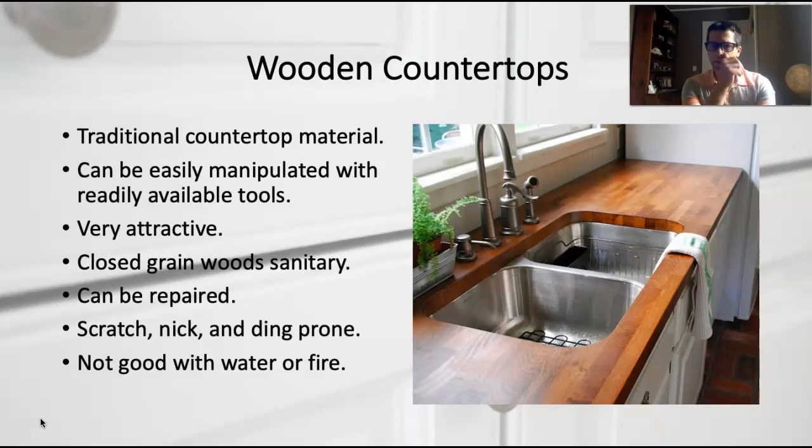If you think about a piece of maple versus a piece of oak, you can see the little flecks of open grain in a piece of oak. And then think about taking a brick of cheese and rubbing that across the countertop. You're going to be pushing cheese into the countertop, whereas something like maple is going to be closed and it's not going to easily absorb stuff like that.